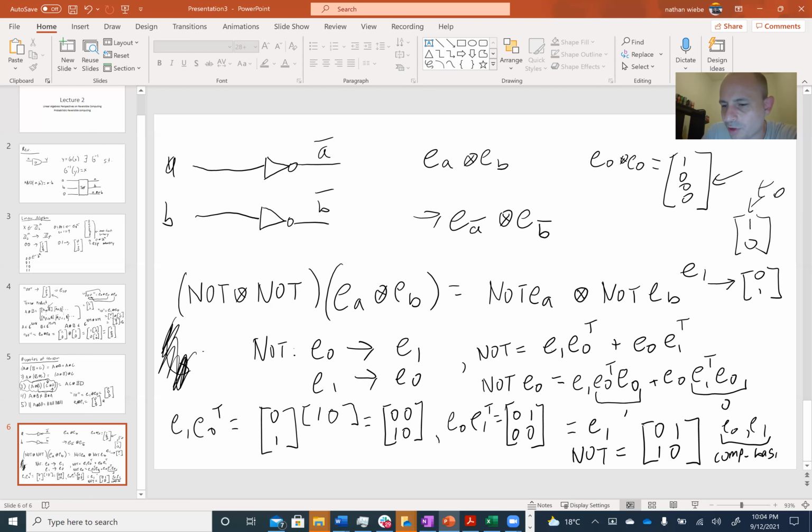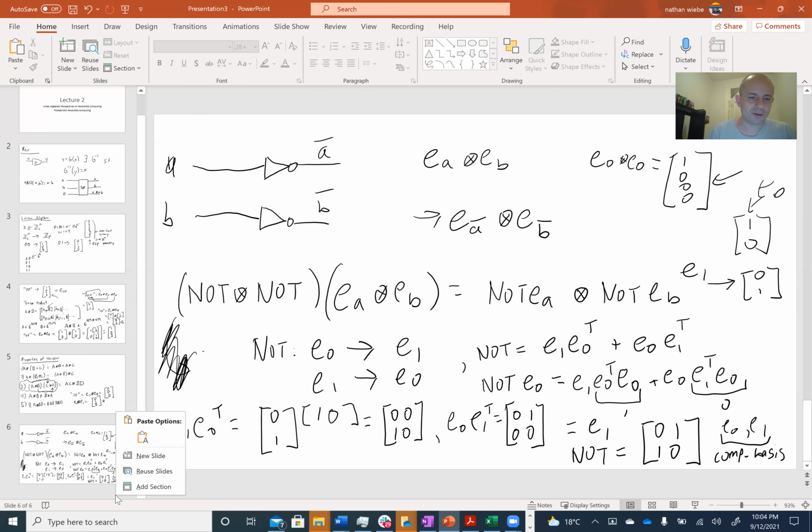And this term, the computational basis, again, is going to come out a ton. So remember to write it down. It is a very important term. It's just the standard unit vectors that describe the bit configurations that we have when we look at a system. So this is how we would figure out the representation of a matrix in the computational basis.